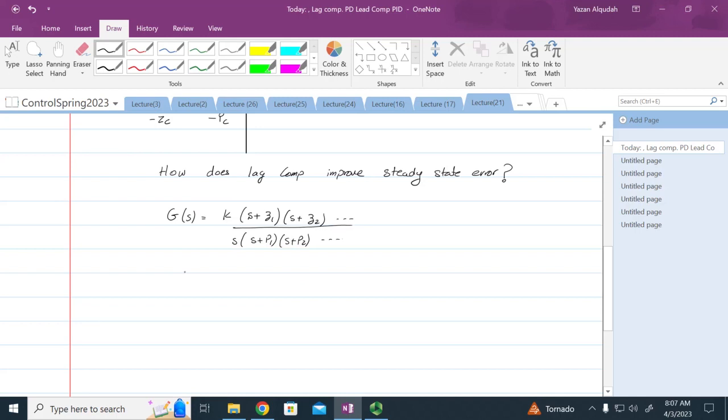So we take this system and calculate the velocity constant.